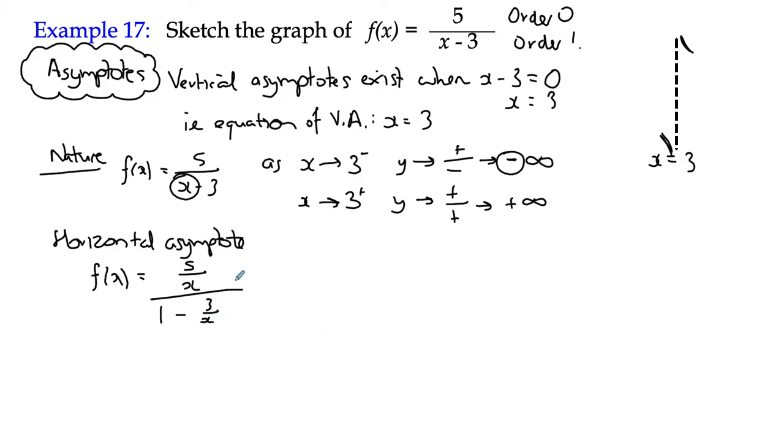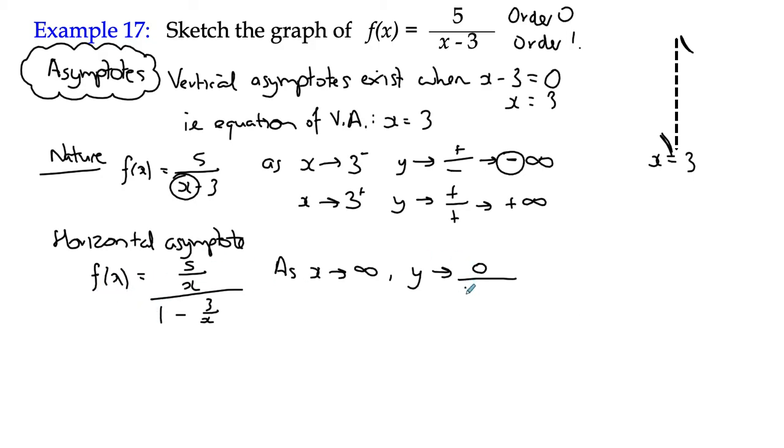And the point being that we can then consider what happens as x tends towards positive infinity or indeed negative infinity. As x gets very large, what happens to y? Well, as x gets very large, 5 over x on the numerator will tend towards 0, because 5 over a million or a billion or a trillion is a tiny, tiny number, which might as well be 0 for our calculation's sake.